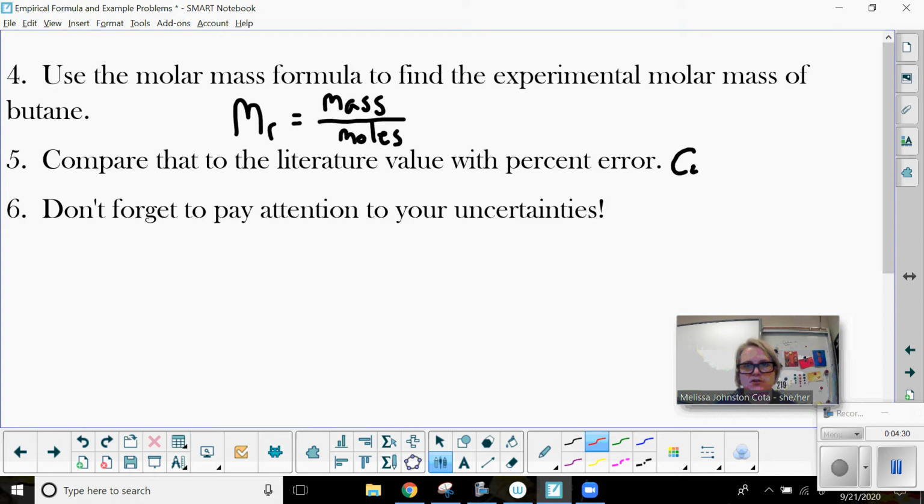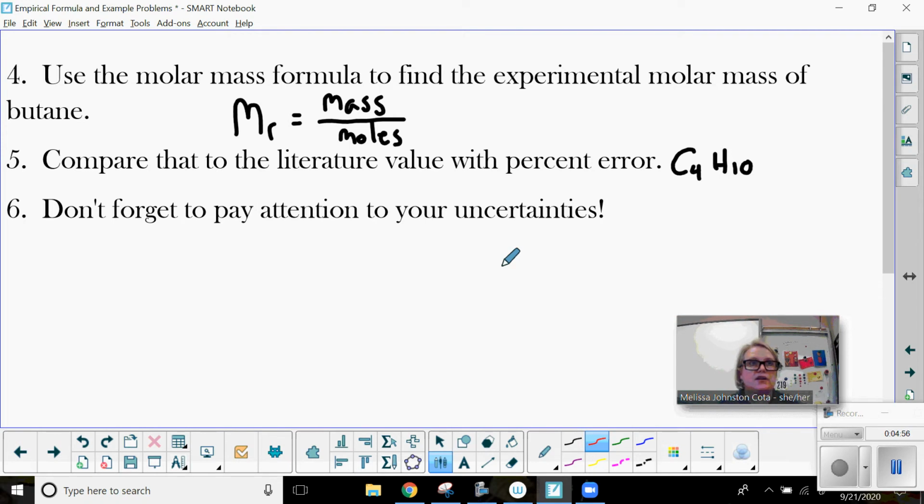That's where you're going to figure out what the theoretical molar mass is for C4H10 by adding up 4 carbons and 10 hydrogens. And you're going to compare that using a percent error calculation to what your actual was. Don't forget through this whole entire process to pay attention to your uncertainties.